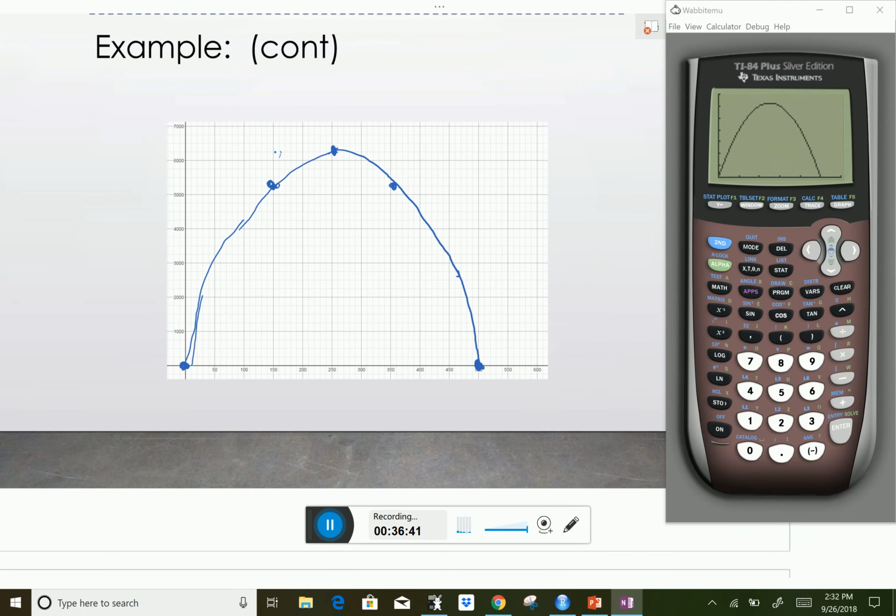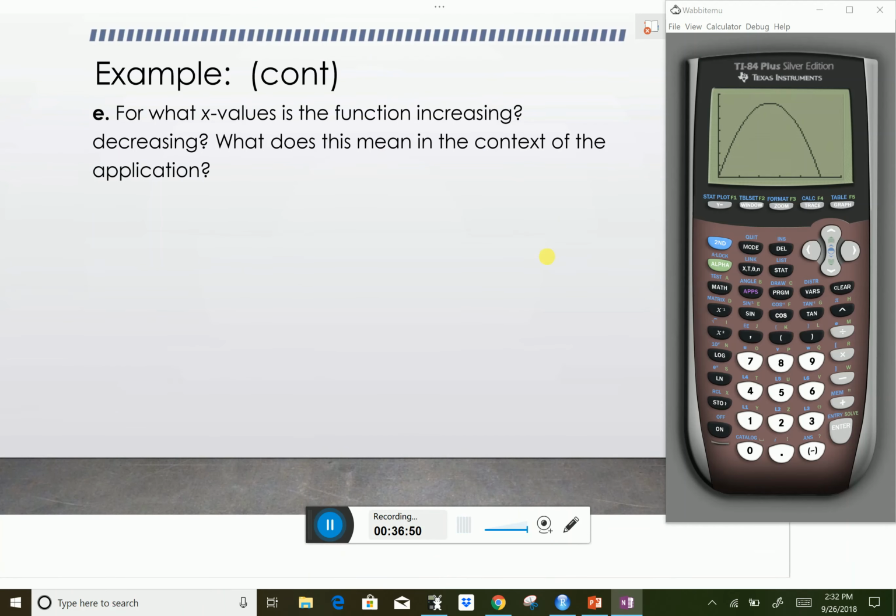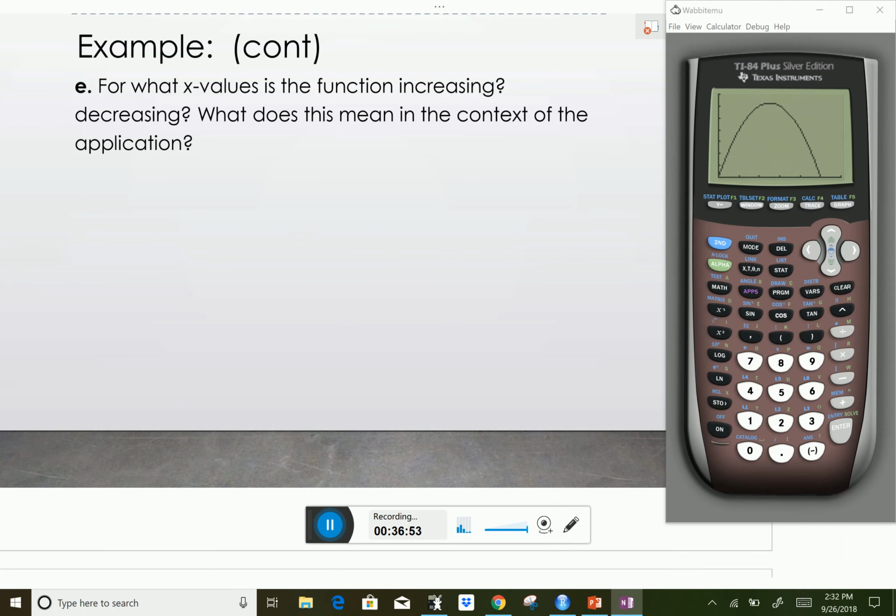And we have exactly the same picture. So really nice. Now we can graph something on our calculator. We can kind of know where to put it. So now I'm going to ask you this question. For what x values is my function increasing?